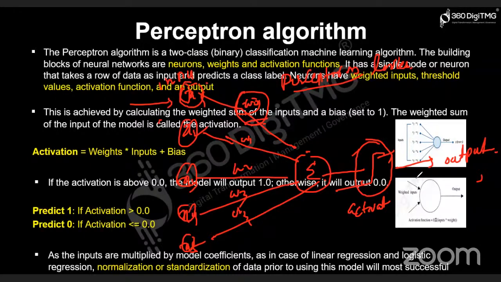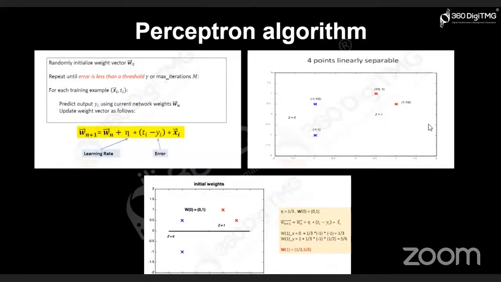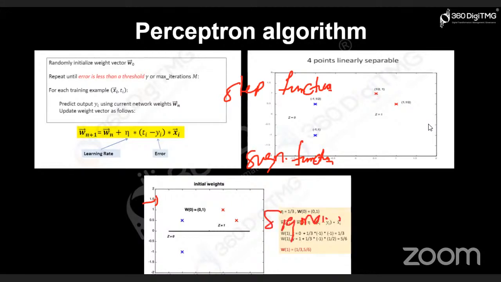When it comes to activation function, we have different activation functions. One is the step function, and then we have the sine function, and then we have the sigmoid function.